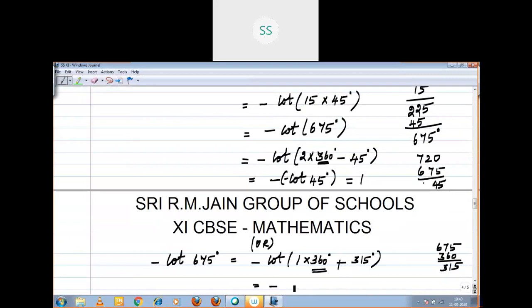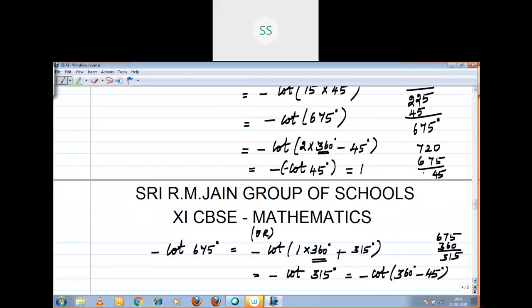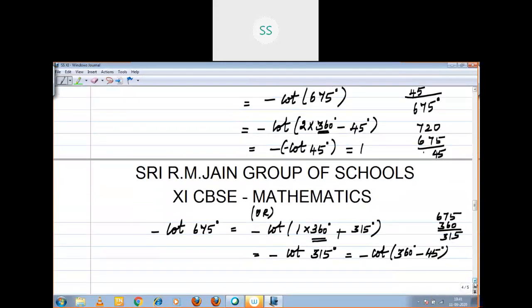Here, cot of 360 plus theta is cot theta, so minus cot 315 degree, that is 360 minus 45 degree. 360 minus theta gives minus cot theta, right?